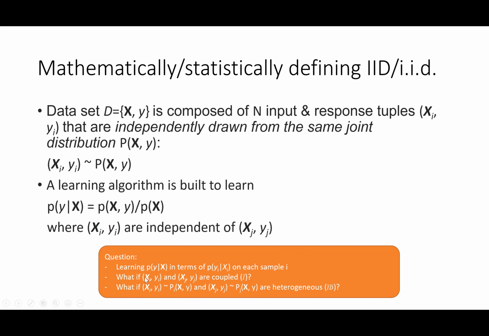If they are coupled, we cannot really draw them independently, right? We cannot make them independent. That means the first I, independence, will not hold. And secondly, if we want to draw two samples from the distribution, but they follow different distributions, which means in the data there are multiple distributions.